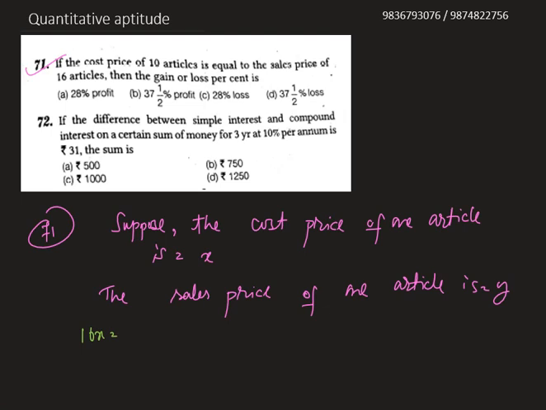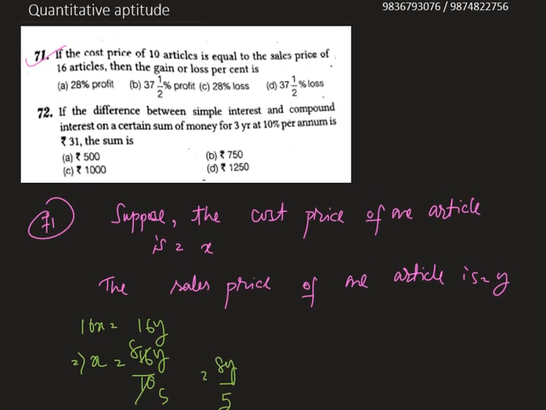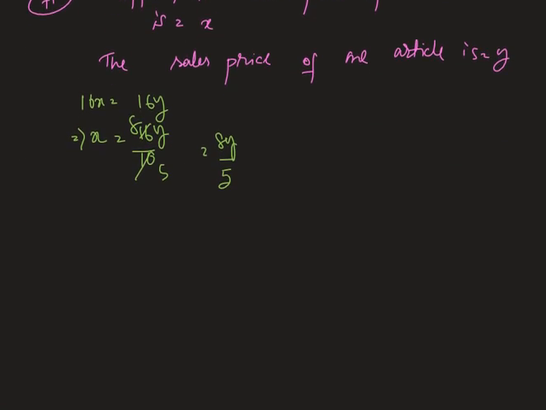10x is equal to 16y, or we can write x is equal to 16y divided by 10. Therefore 8y by 5. Okay, now suppose we have a gain.